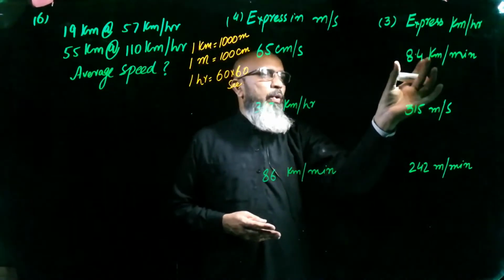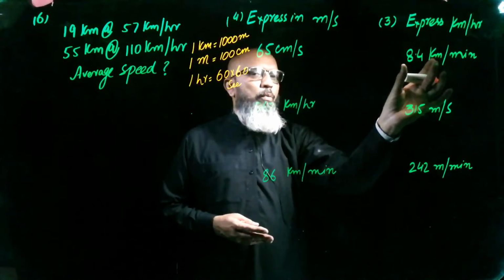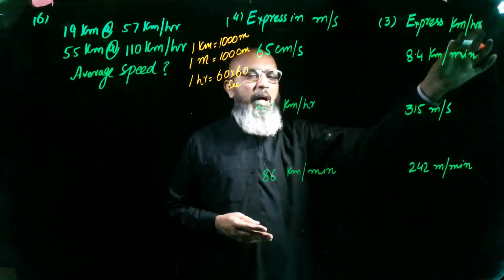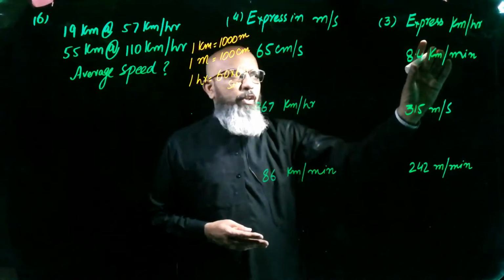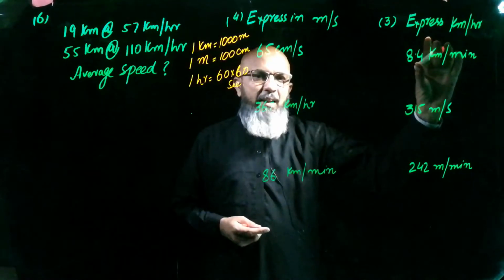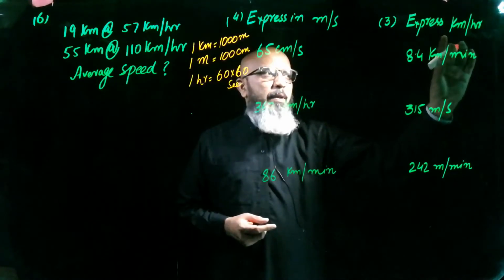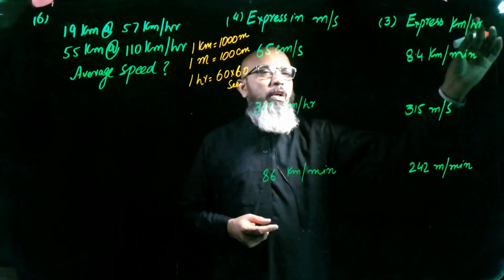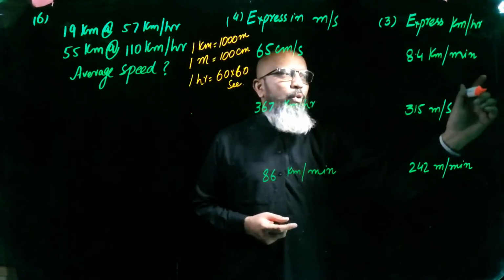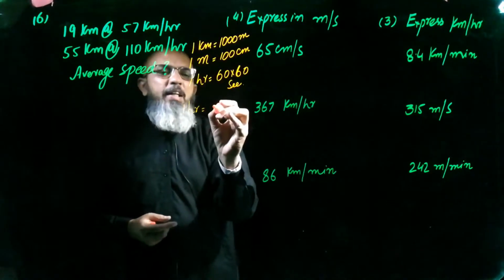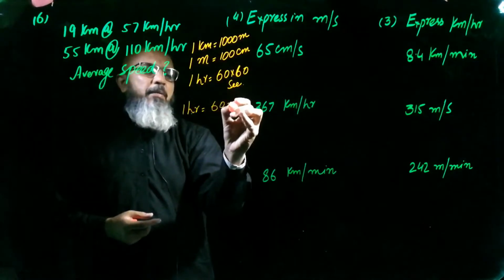First of all, we have to change 8.4 kilometer per minute into kilometer per hour. It means no need to change the unit of length. We need to change only the unit of time. Means minutes we have to convert into hours. As you know, 1 hour is equal to 60 minutes.